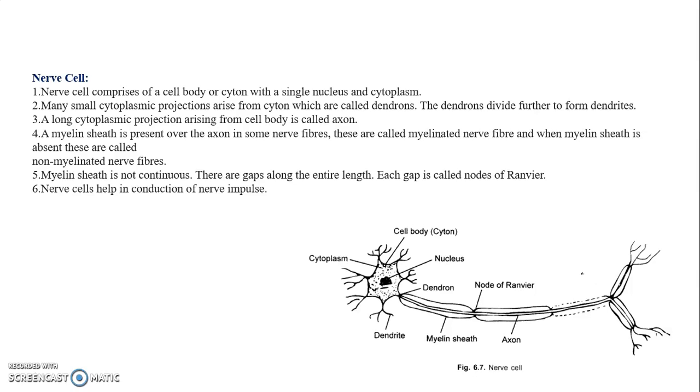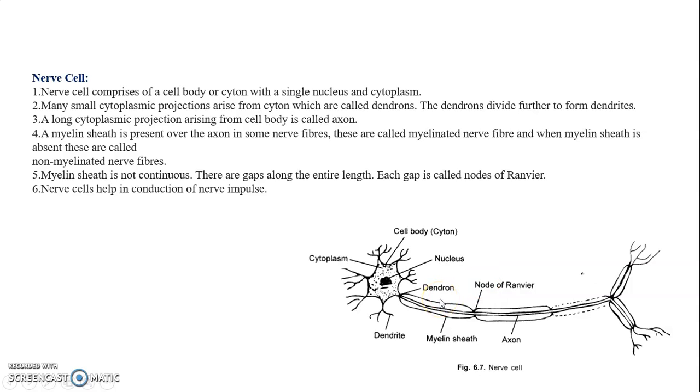The myelin sheath is not continuous. It is broken in certain places, and there are gaps along the entire length. Each gap is called a node of Ranvier. As you can see, the myelin sheath is not continuous. It is broken in certain places, and the node developed by the broken myelin sheath is called the node of Ranvier.